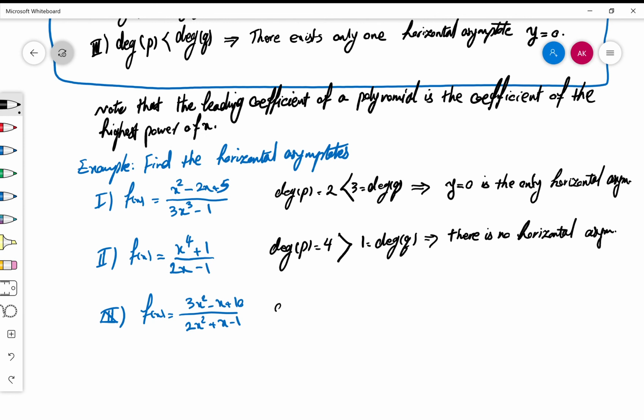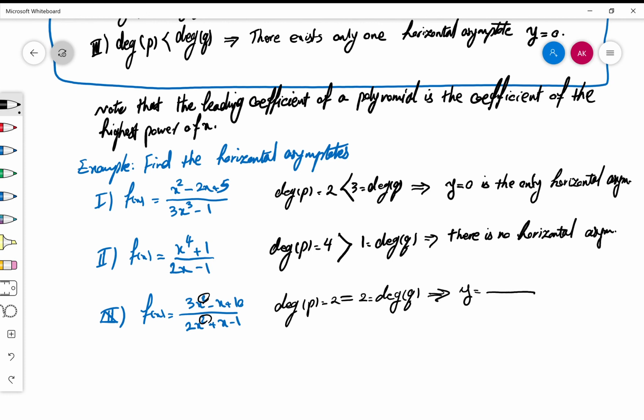And in the last one, the degree of the numerator is 2 and the degree of the denominator is also 2. So these are the same, which means we have one horizontal asymptote.